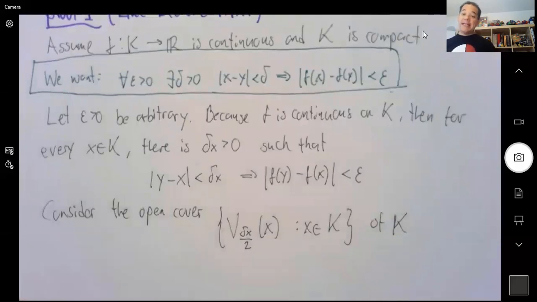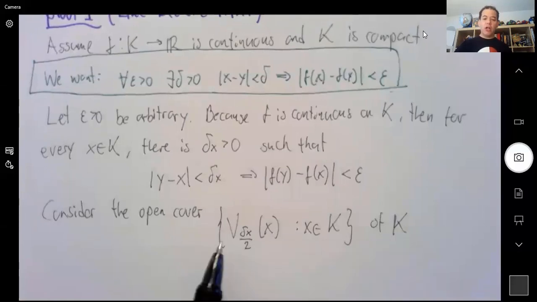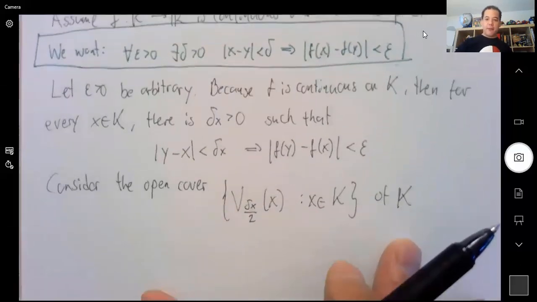So it's a gigantic cover, right? It has an infinite number of elements, probably uncountable, lots and lots of them. And it is an open cover because every element in K is at least the center of one of these. Maybe it belongs to even more of these neighborhoods, but at least it is the center of one of these. Okay? So that's the first part that we need.